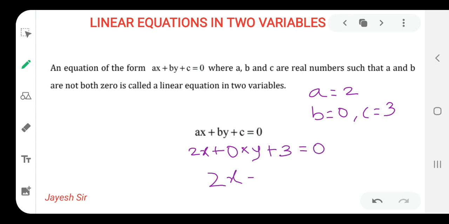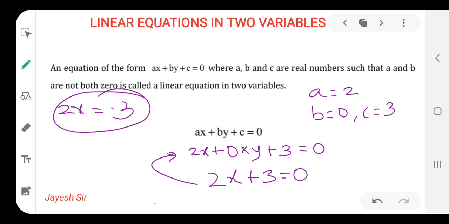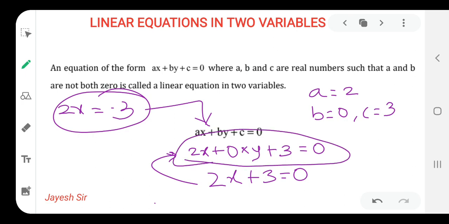If it has been said 2x plus 3 is equal to 0, then we have to arrange it as per this format. Then it would be a linear equation in two variables. Otherwise it could be given like this also, 2x equals to minus 3. If told to arrange the following equation as a linear equation in two variables, then we will adjust and form the equation in this format to make it in two variables.